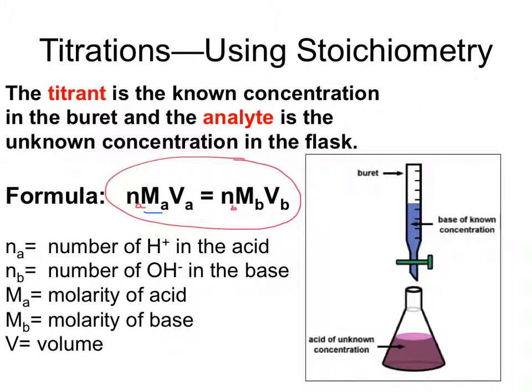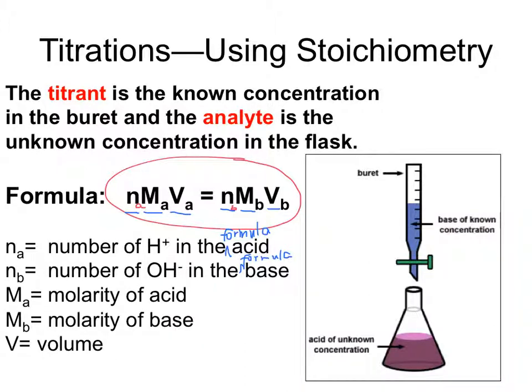So we're looking at the concentration of an acid, the volume of the acid given, and then this Na is going to be the number of hydrogen ions in the formula of the acid. On the other side, we'll see pretty much the same thing, but for a base. So we've got the molarity of the base, the volume of the base, and then once again we have the number of hydroxide ions in the formula of the base.